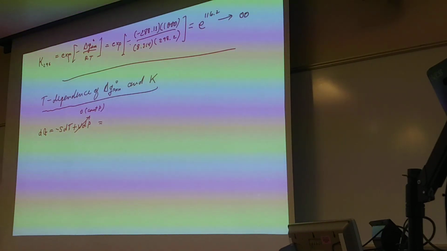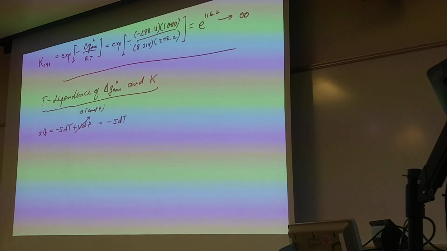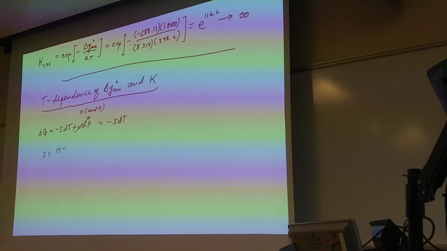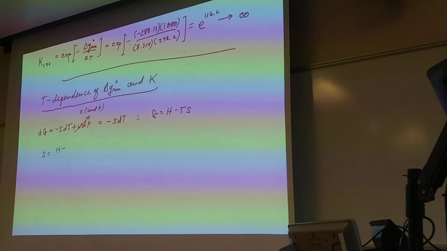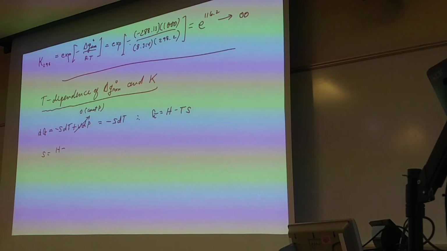So it's just minus SdT. But what we note is that we can write S here out as, well, just remembering that G is equal to H minus TS, so S can be written here as just (H minus G) over T.